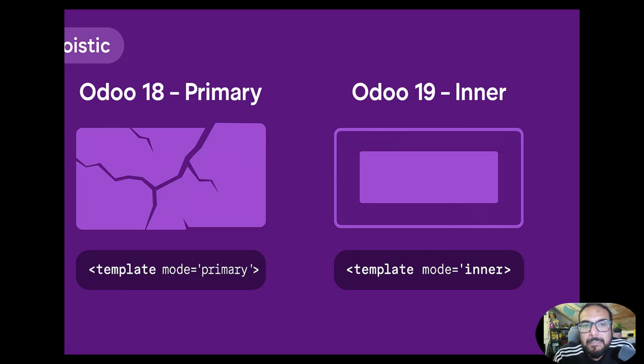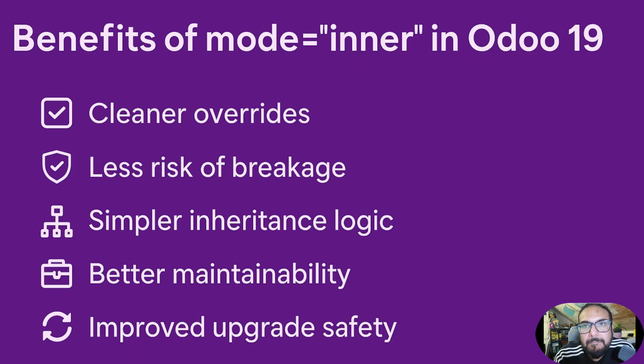So what are the benefits of this approach? Cleaner overrides: it only targets specific content, not the complete content, and doesn't break the structure where you don't know what is going on. Maintain wrapping structure, with less risk of breakage.